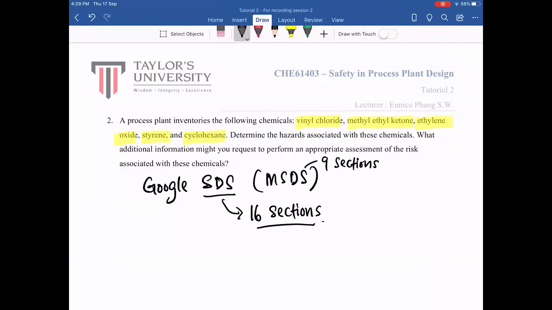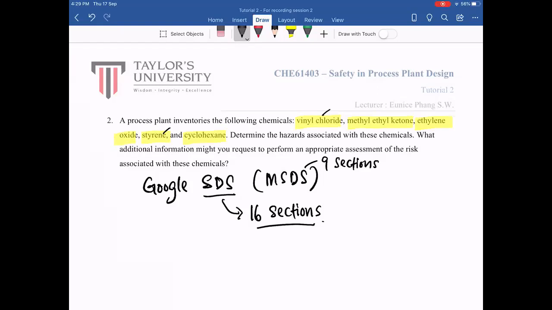What is the plan on how you want to utilize them? So like vinyl chloride, definitely if anyone wants to use it, it has to be in a fume hood. And also it will be good if respiratory PPEs are given to the staff who want to handle this chemical. Same with styrene here. Styrene is another monomer. Okay, these two are highly toxic.